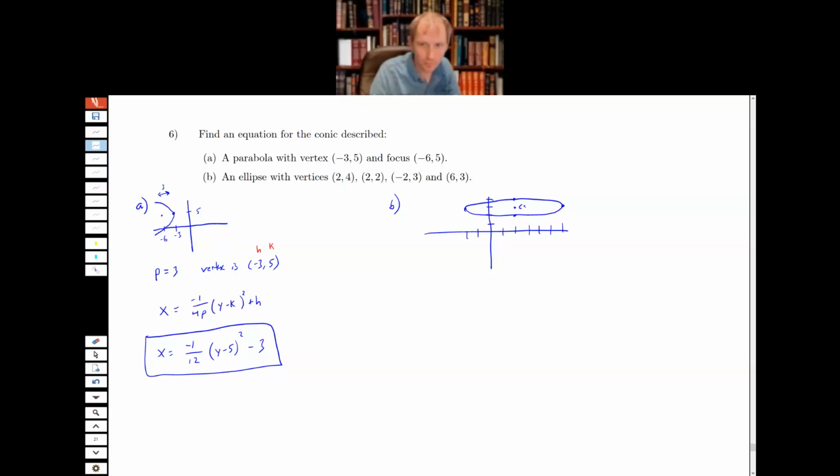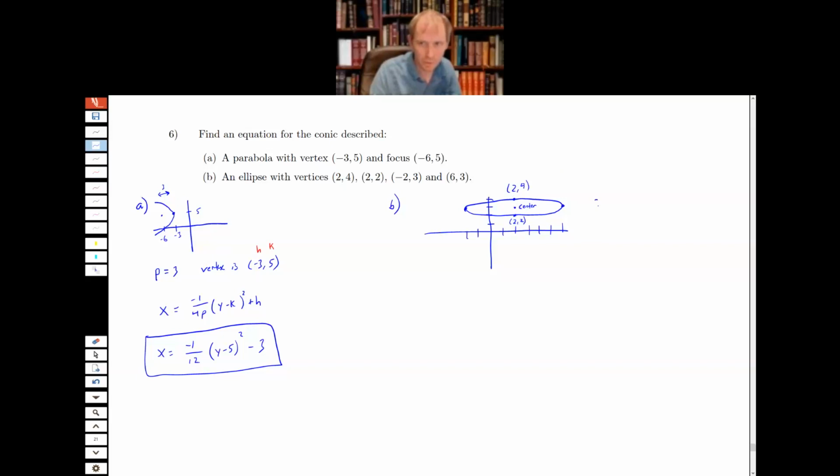So here's the center, right? So it's directly between these vertices, also directly between these vertices. I'll get the same point either way. So if I look directly between my up and down vertices, this is 2, 4, this is 2, 2. If I average them, I have the same x value, and then if I average the y's, I'll get a 3.